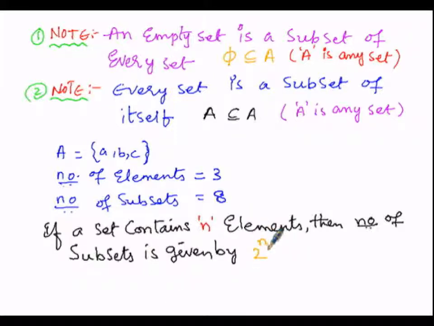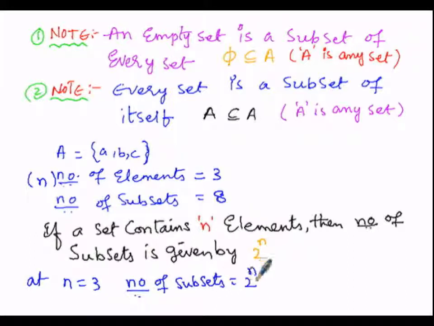Let us verify this with the previous problem. The number of elements is denoted by n, and here n is equal to 3. When n is equal to 3, the number of subsets by the formula 2 to the power of n is equal to 2 to the power of 3. 2 must be multiplied repeatedly thrice, 2 into 2 into 2, 2 times 2 is 4 and 4 times 2 is 8.